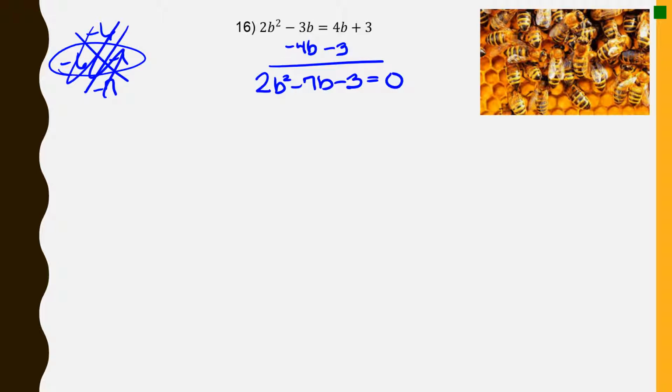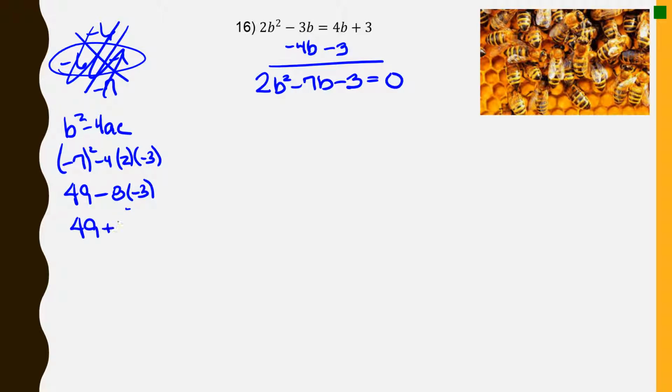So the answer is no. So we're going to find b squared minus 4ac. b is negative 7 squared minus 4, a is 2, c is negative 3. So 49 minus 8 times negative 3, 49 plus 24, 73.